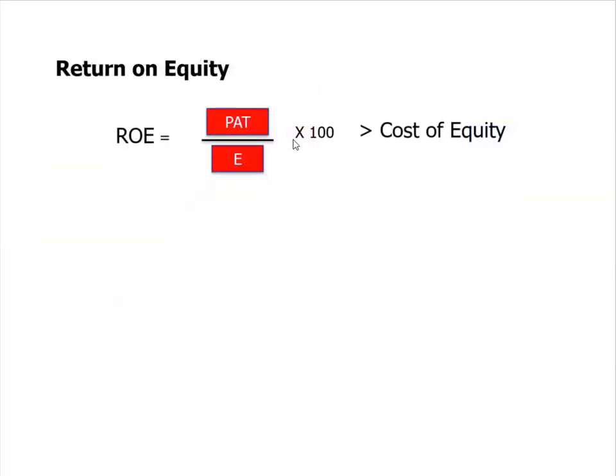So in principle, we want this return on equity to be greater than the cost of equity, and maybe instead of cost of equity you might suggest the expectation that the shareholders have of the return that they want to get in the business.